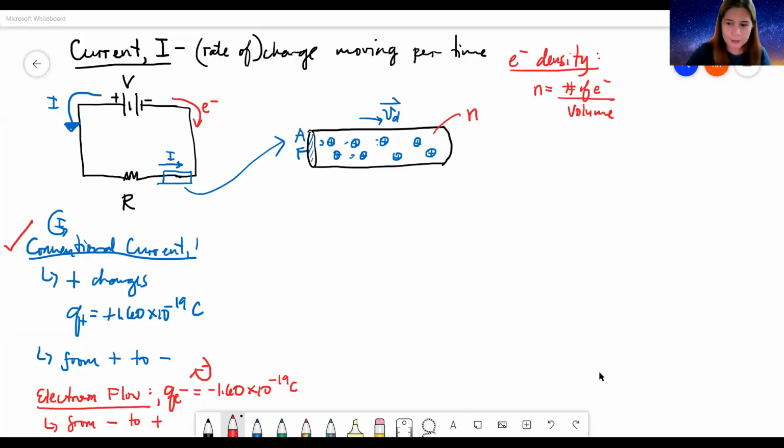So if we have that density, and then we take, for example, a very small or infinitesimally short distance, this small distance traveled by the electrons, let's call it dx, and they travel at this speed vd.